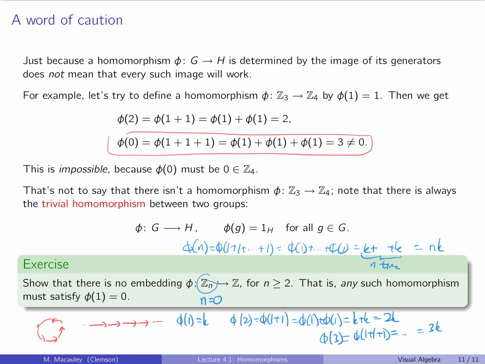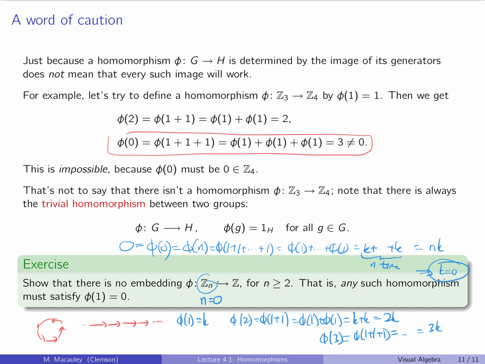But phi of n, of course, is phi of 0. And we know that homomorphisms send the identity to the identity. So this has to be equal to 0. So we have n times k equals 0. n is at least 2. And what that tells us is that k equals 0. So this unknown homomorphism has to send 1 to 0.